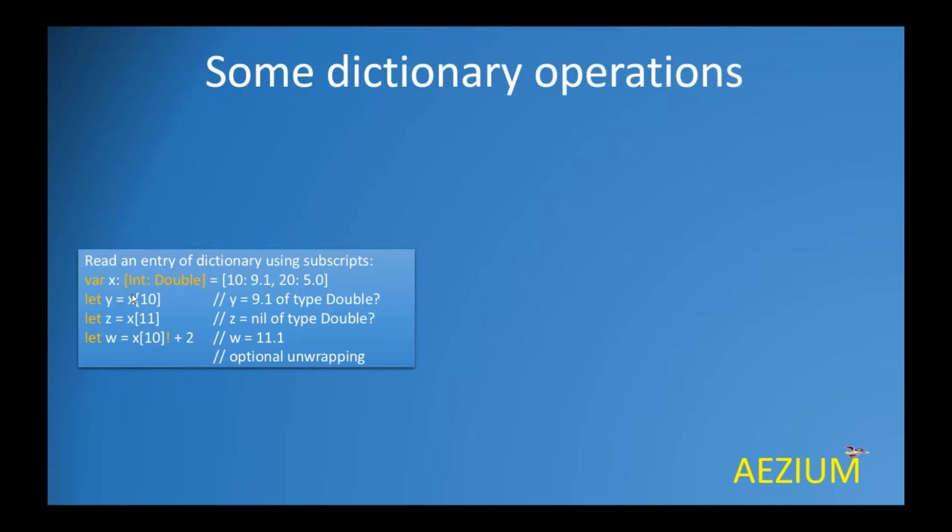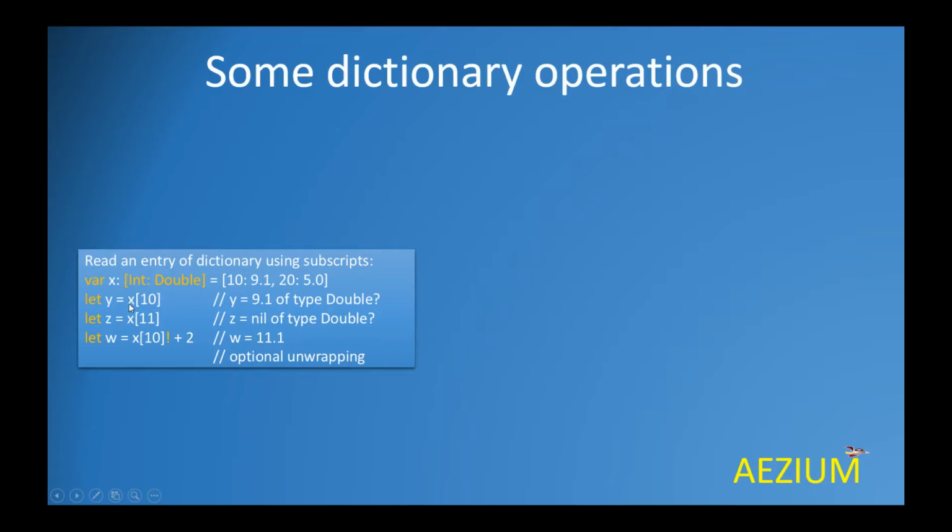So if we're not sure if a parameter contains a value or not, we use optionals. This is exactly the same case. Swift is not sure that what we are using here actually points at an existing entry.